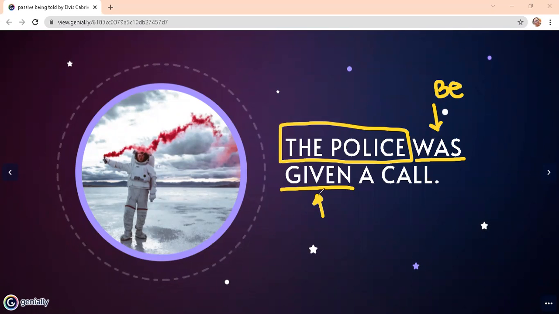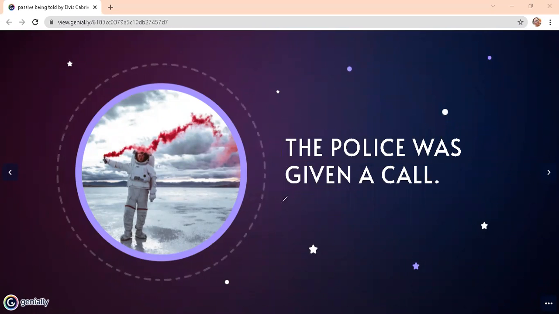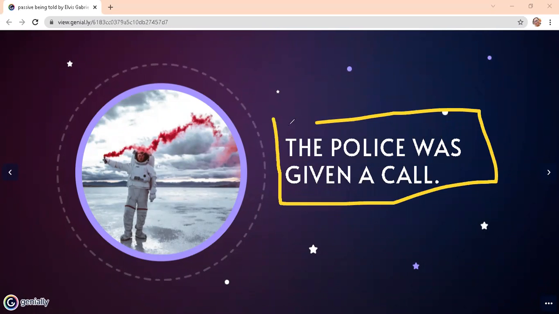The police was given a call. Notice how in this sentence, we are omitting who did the action. This is very common in many sentences in the passive voice. We are not emphasizing who did the action, but what happened.